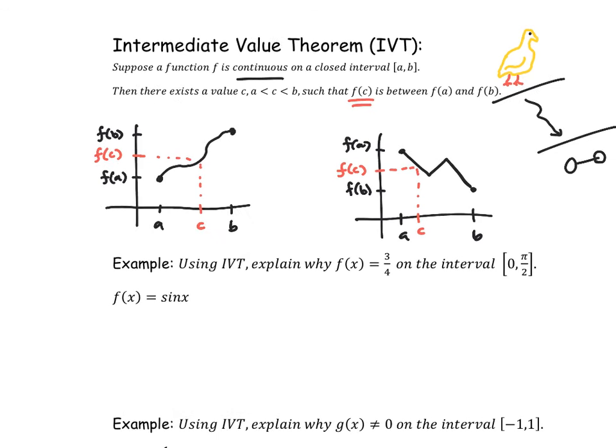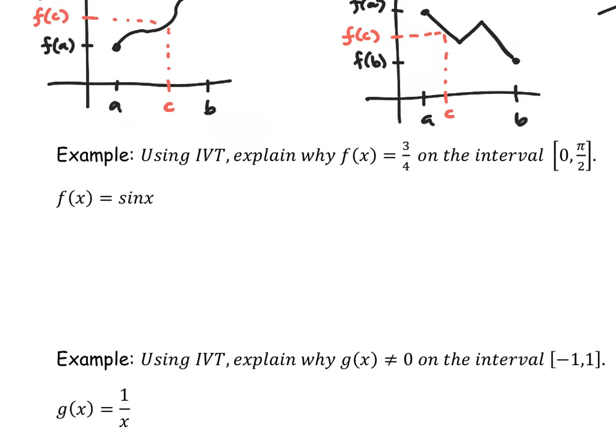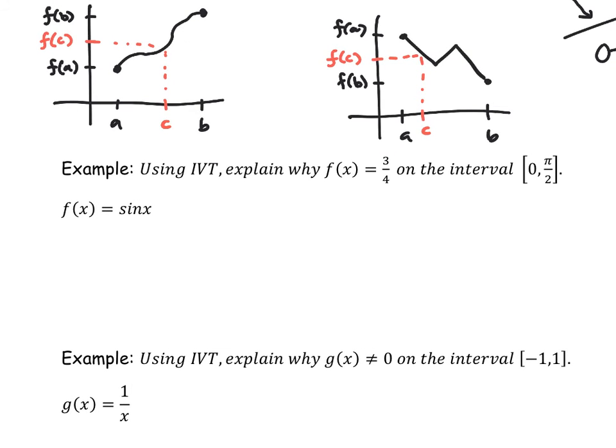So example number 1, explain using IVT why f of x must equal 3/4 on the interval from 0 to pi over 2. Well, the first thing that you can note is that sine and cosine are always continuous. So f of x equals sine x is continuous on the interval from 0 to pi over 2.